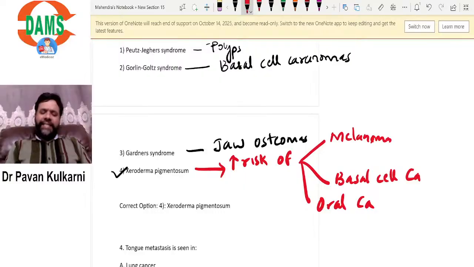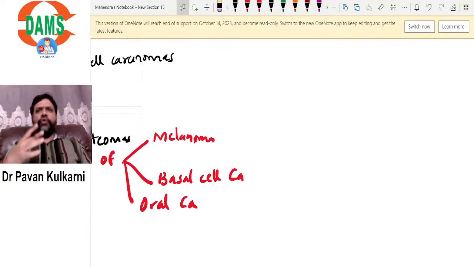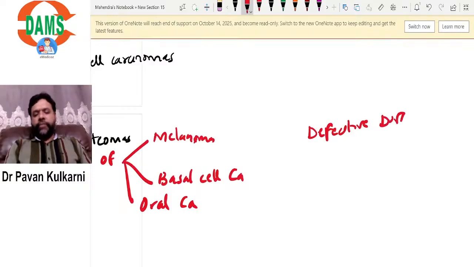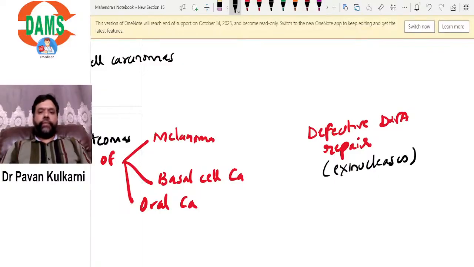Let us understand a few things about xeroderma pigmentosa. Why do you see it? The main reason is defective DNA repair. Normally, whenever DNA damage takes place, the DNA gets repaired. Here there are certain enzymes called exonucleases which are abnormal, so defective DNA repair takes place.